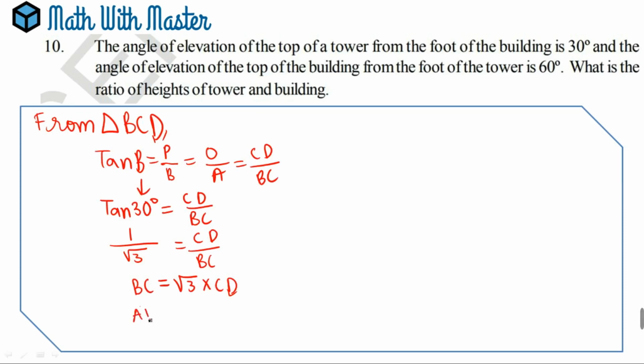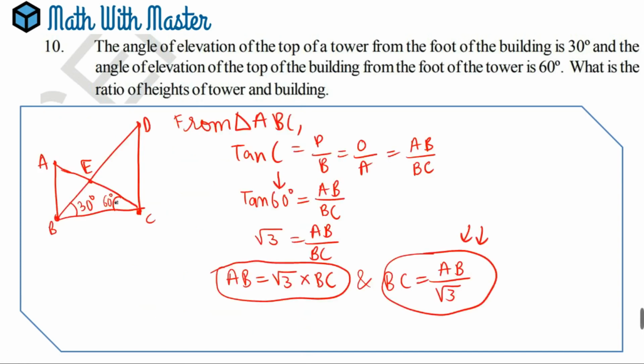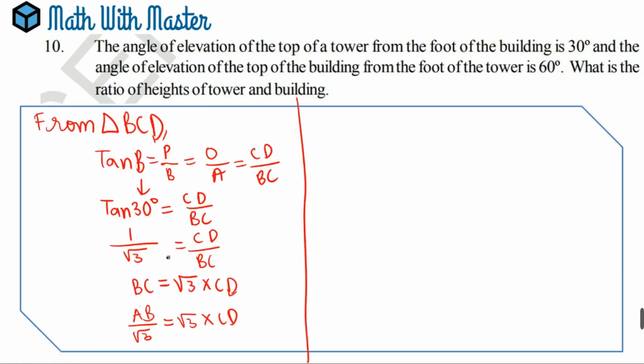So AB upon root 3 is equals to root 3 into CD. So actually the height of the building is AB and the height of the tower is CD, and now AB is equals to 3 CD.